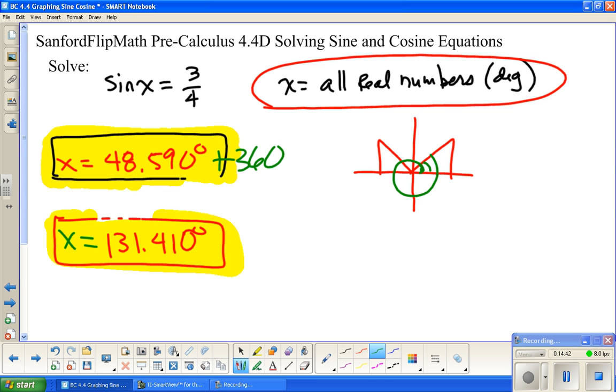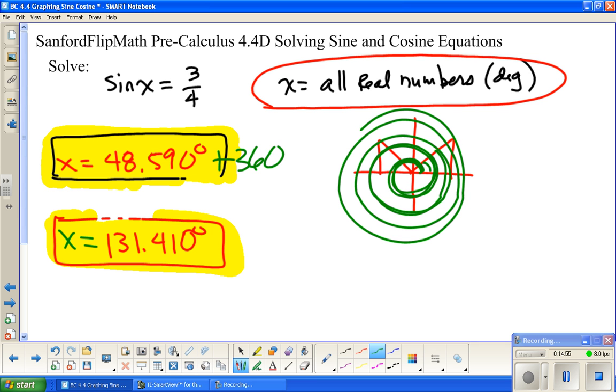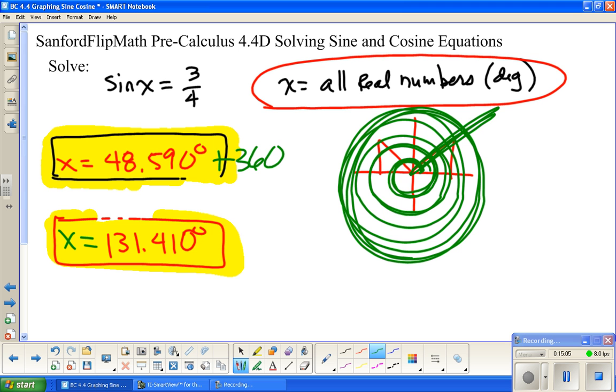What if I spun around 2 times to 720 plus 48.590? What if I spun around 1, 2, 3, 4, 5, 6 times, lots of times, and then added 48.590? I'd still end up there.